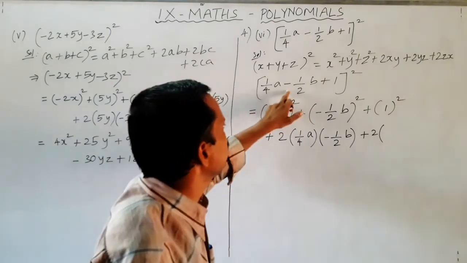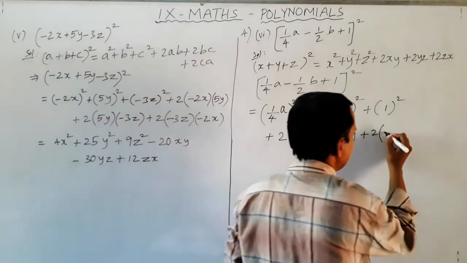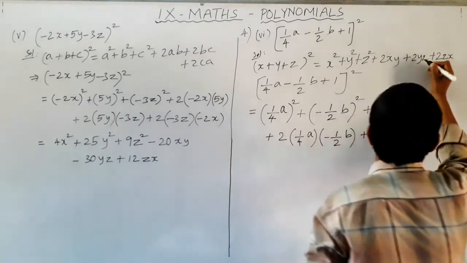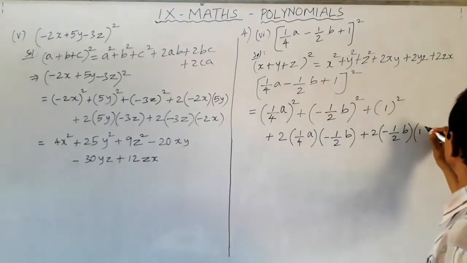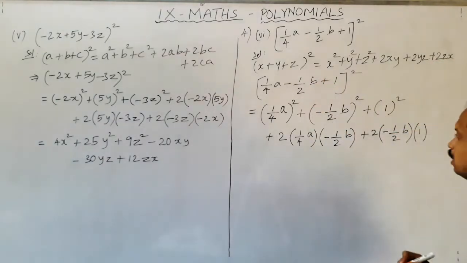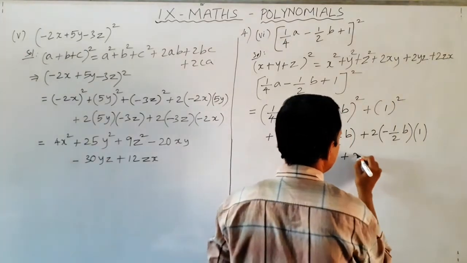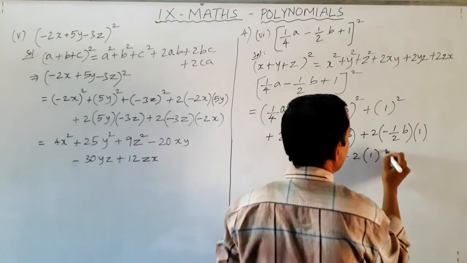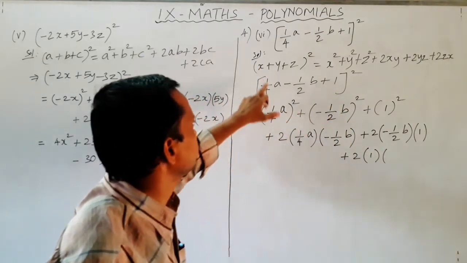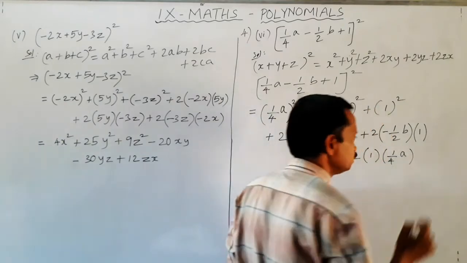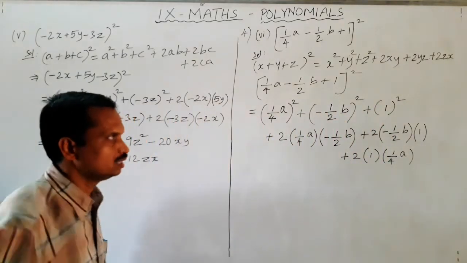What is y? Minus 1 by 2b. And what is z? That is 1. So put 1 here. And then last plus 2zx. So plus 2 into what is that? 1. And what is x? Instead of x, 1 by 4a. So like that we have to write clearly.